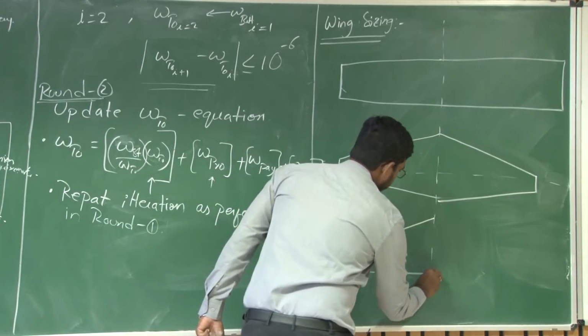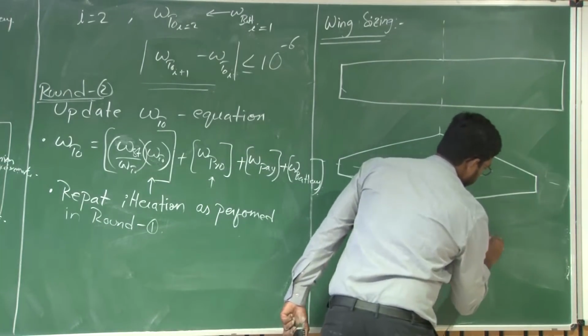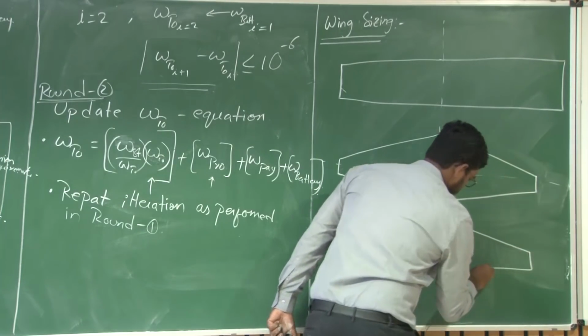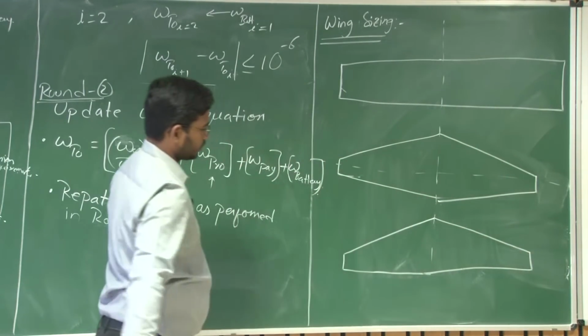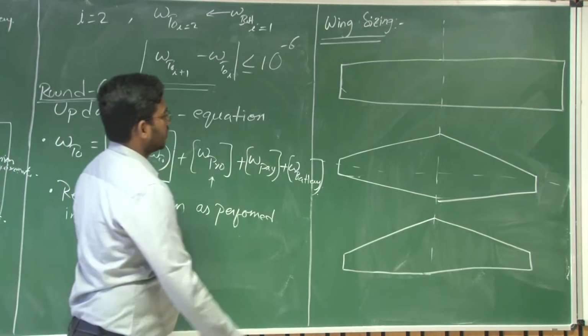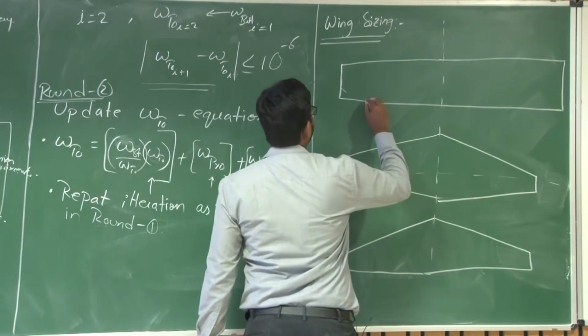Tapered about the trailing edge. Right. Or an elliptic wing.